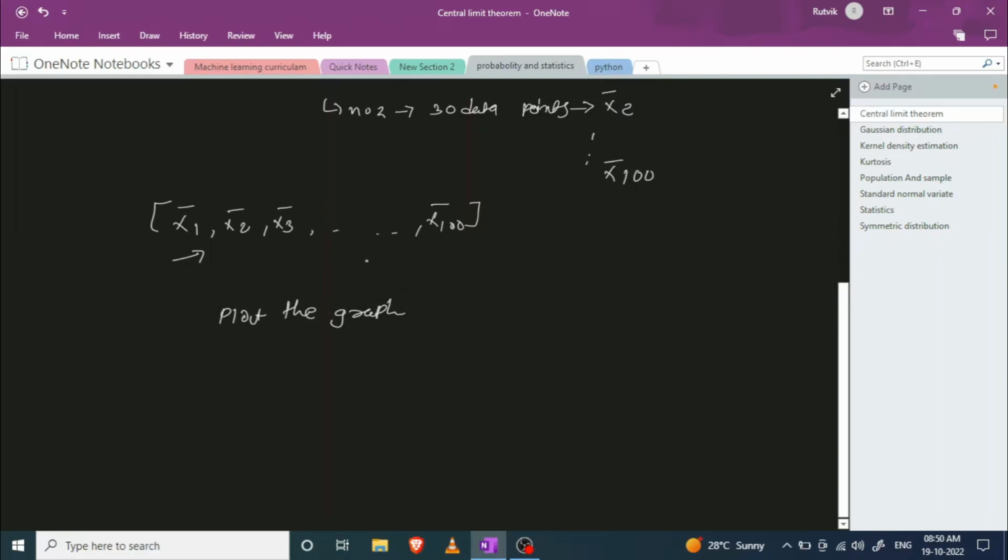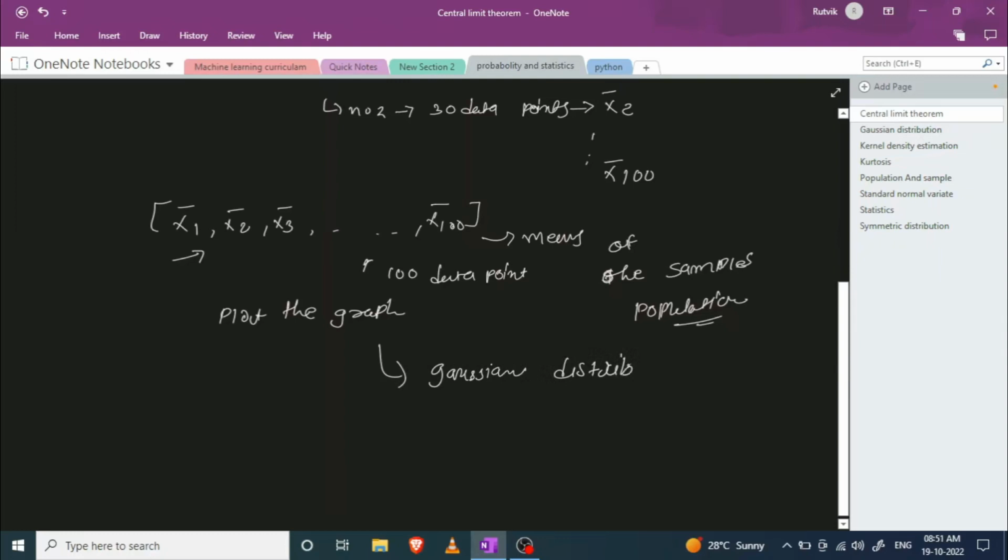If I plot the graph of these 100 data points, which are the means of the samples from the population, that graph, these means, will follow the Gaussian distribution.